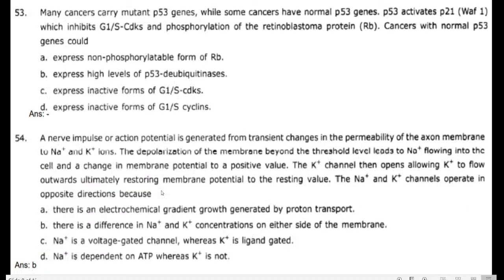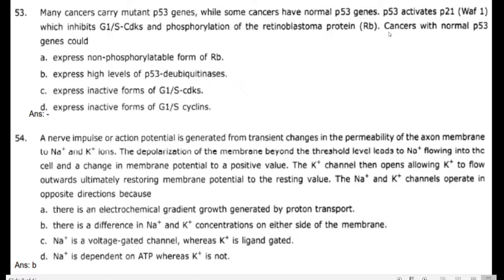The next question is, many cancers carry the mutant p53 gene, while some cancers have normal p53 gene. P53 activates P21, that is WAF1, which inhibits G1 to S cyclin dependent kinases, the CDKs, phosphorylation of retinoblastoma protein. These are the two characters.